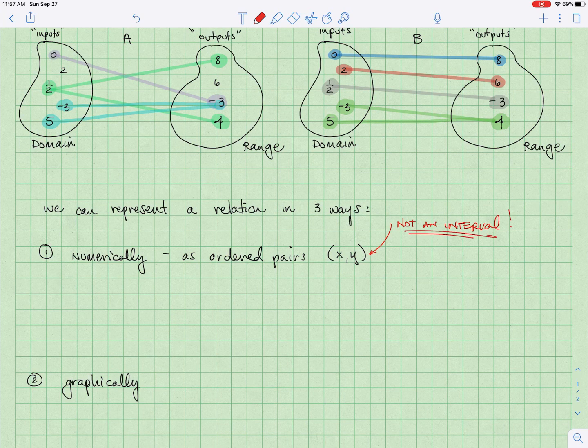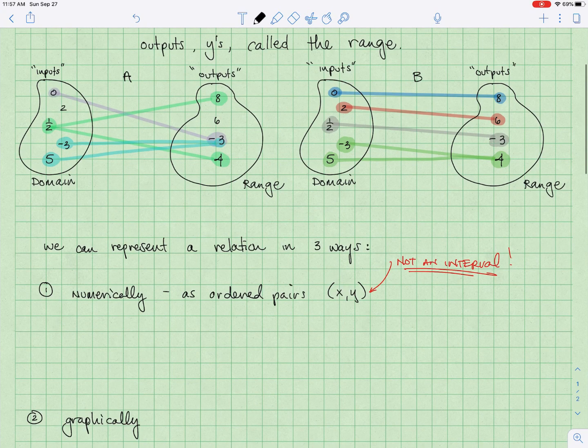So be careful. Now in this case, we could go ahead and list both of these relationships. I could say that A is a collection of ordered pairs: 0 is matched up with -3, 1/2 was matched up with 8, 1/2 was also matched up with 4, -3 was matched up with -3, and 5 was matched up with -3.